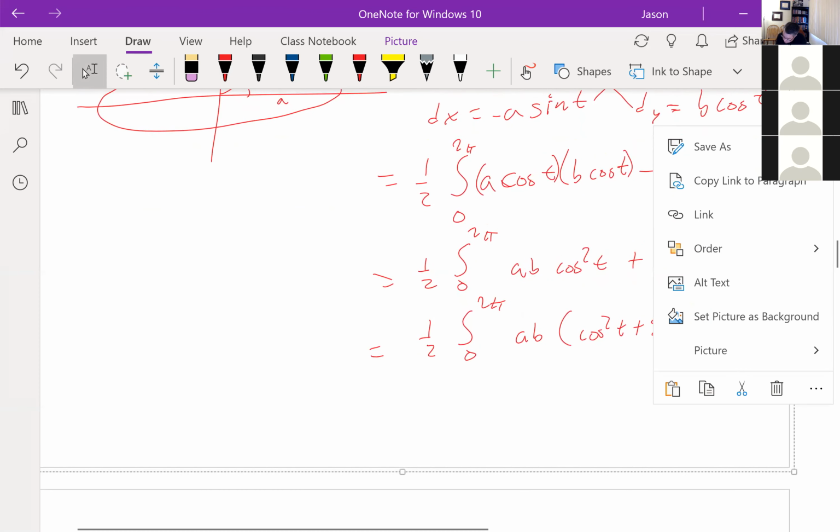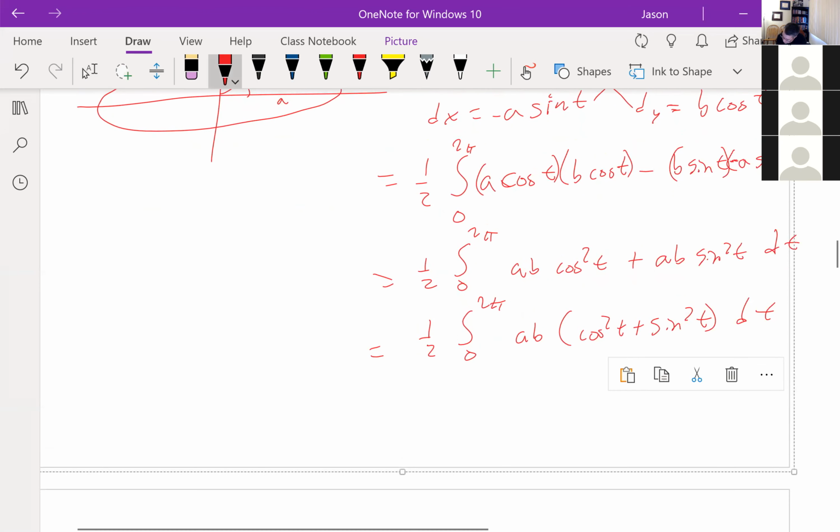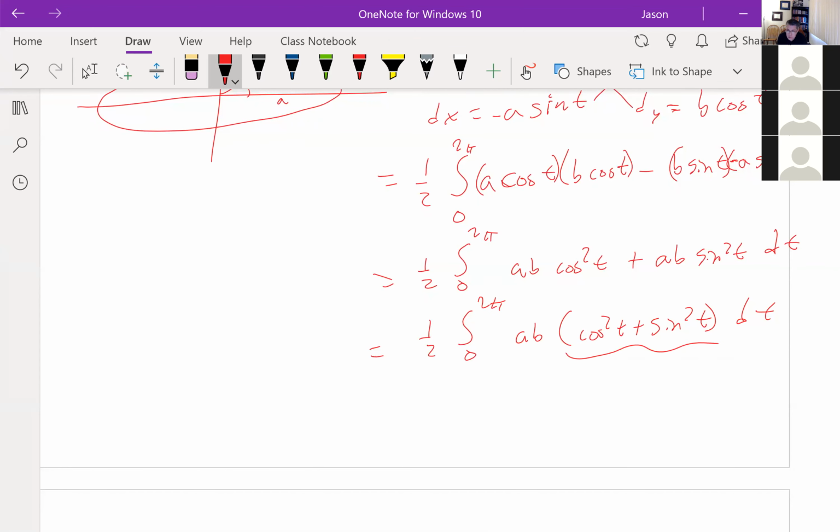I can turn this into 1, so we just get 1/2 the integral from 0 to 2 pi of AB dt.